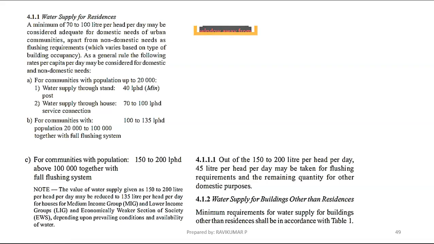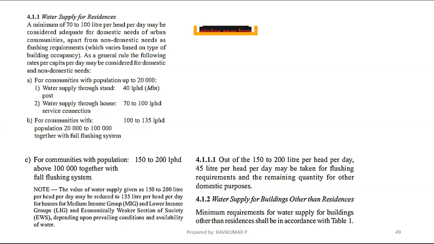Flushing means only toilet flushing and urinal flushing. Where there is no flush toilet, they throw water directly using a bucket or mug. Flushing means a flush tank will be there, and for the urinal also a flush tank or flush valve will be there. That is what they mean by a full flushing system.